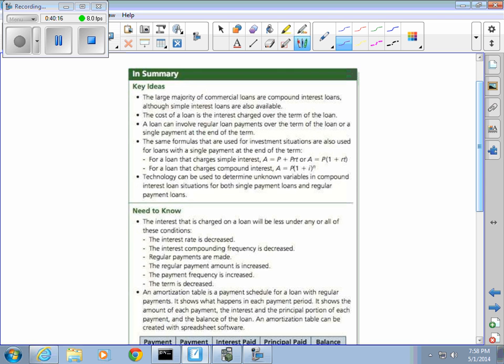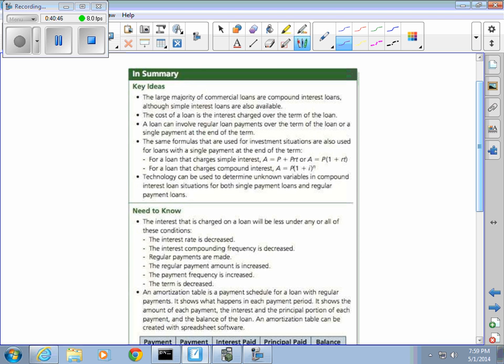The interest compounding frequency is decreased, so if you can get, say, a loan where the interest is compounded semi-annually but you pay it back monthly, that's going to be better for you. If you make regular payments, it helps decrease your interest. If you can increase the amount of payments you make or the frequency, or anytime you can decrease that term.